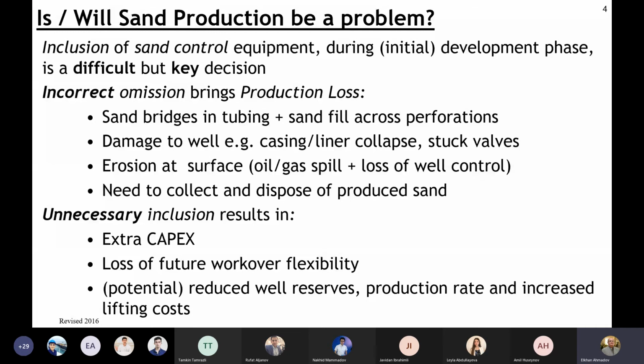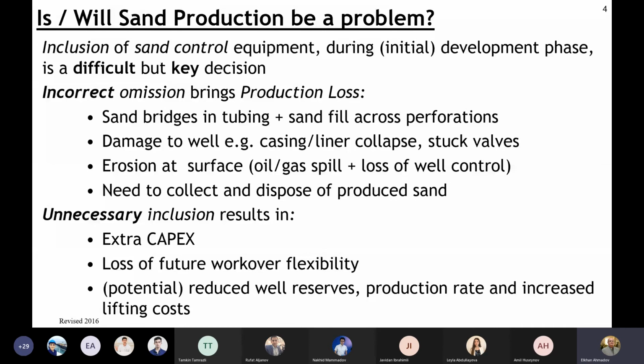After we do appraisal, we appraise our reservoir, we appraise the rock materials, we assess: are we going to have sand production or not?